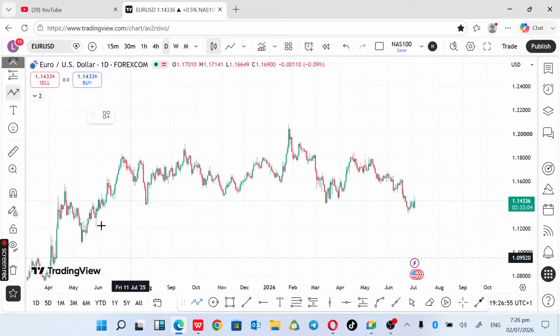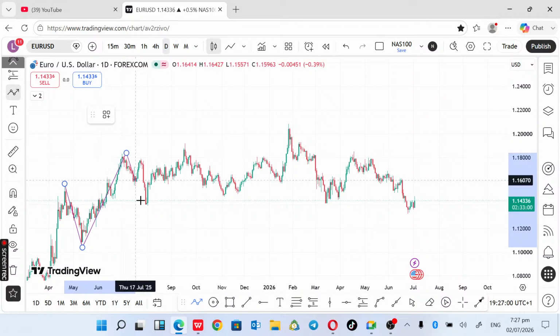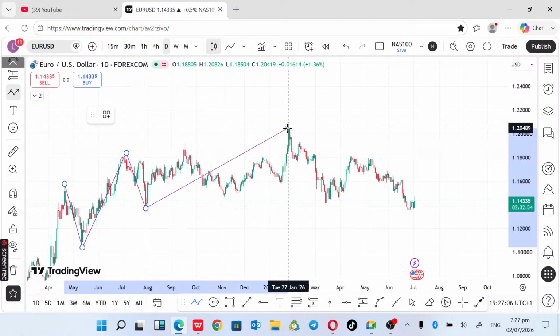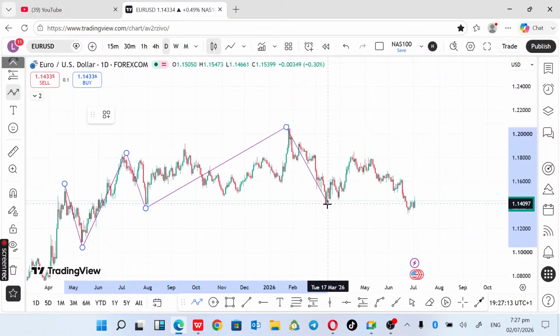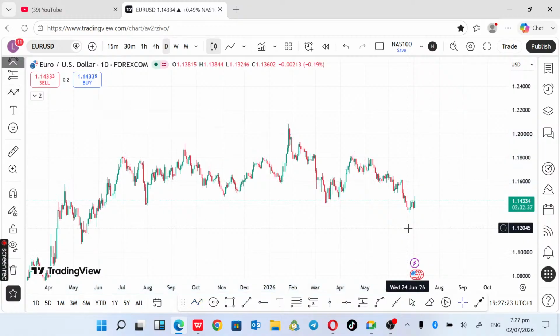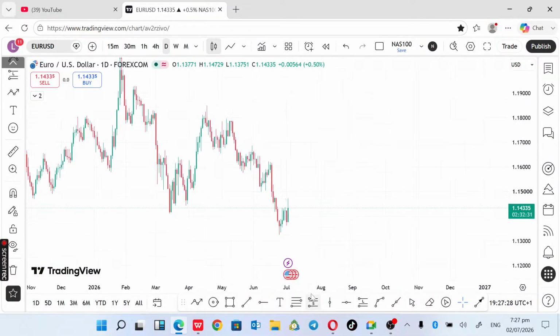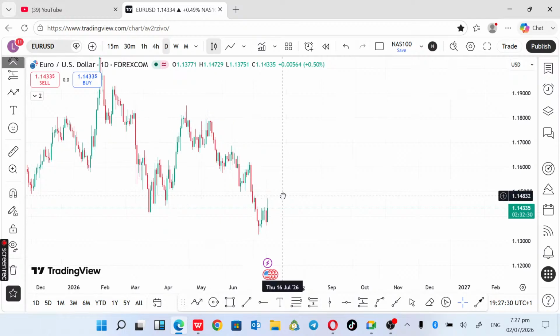Let me mark it out, starting from here. The market shifted, changed structure here, and is pushing down. So they expect a pushback up, then down to continue. So that's what we are seeing here on the daily time frame from Euro USD.